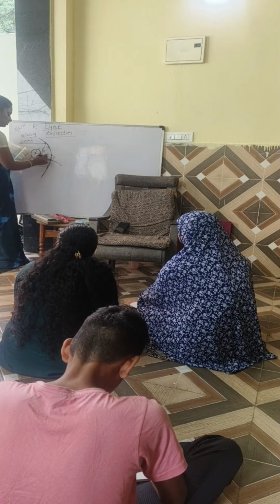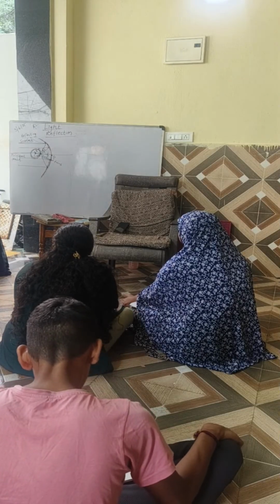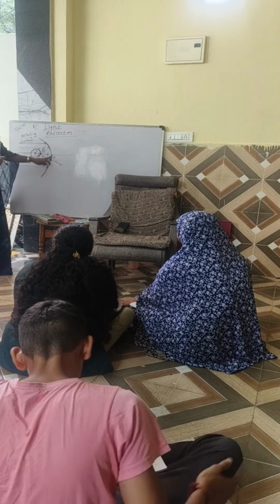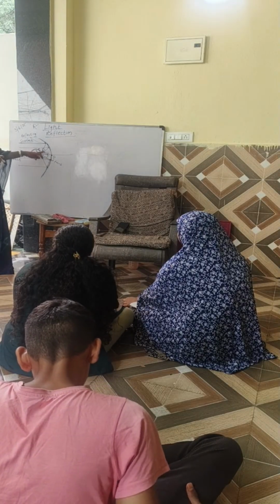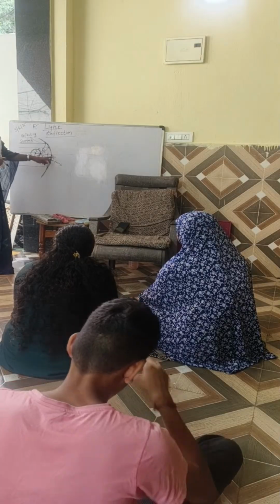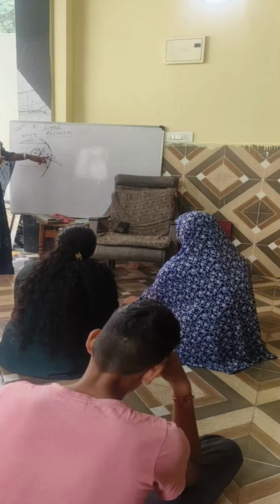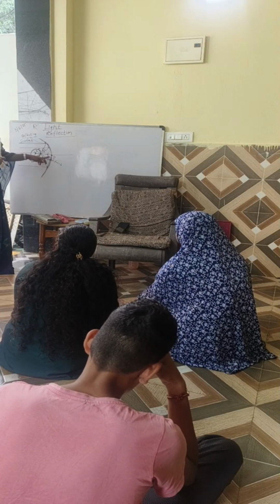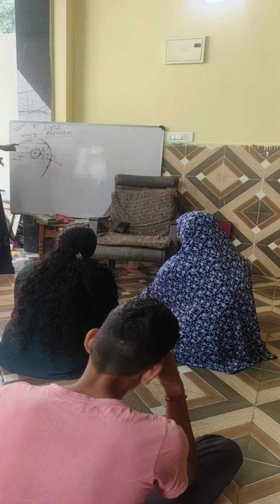That is represented by F. The distance between pole and the center of curvature is called radius. The distance between pole and the principal focus is called focal length, F. What is the principal focus?